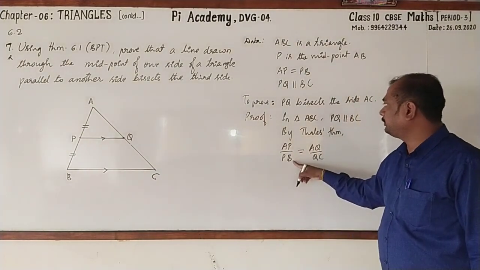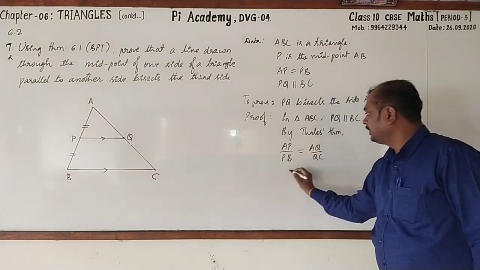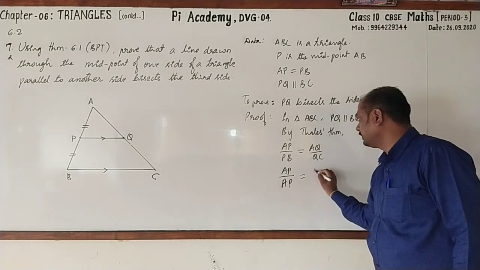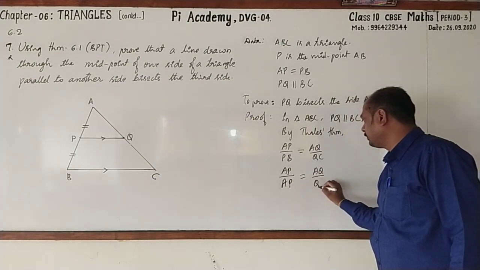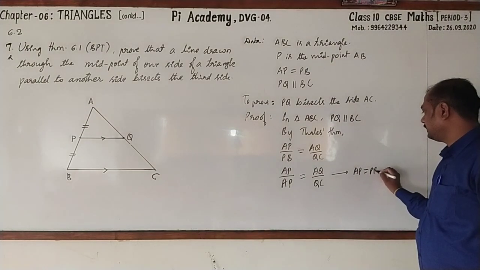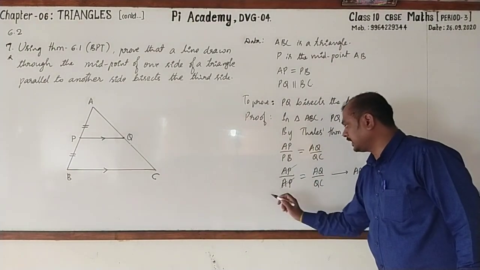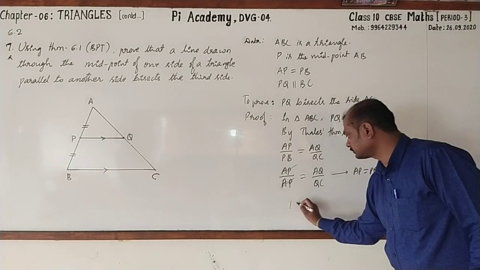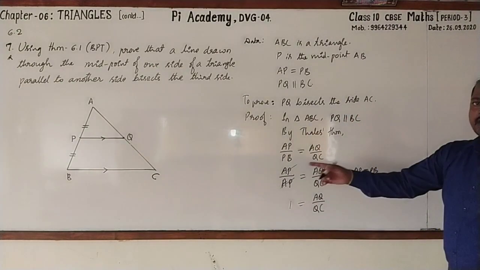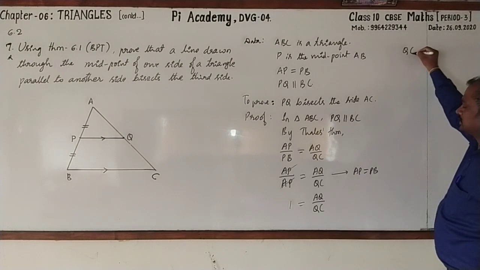We know that AP and PB are equal. Here I'll write AP in place of PB again. It is equal to AQ by QC. The reason is AP and PB are equal. These two get cancelled. What will remain? 1 equal to AQ by QC. Cross multiply. So QC is equal to AQ.